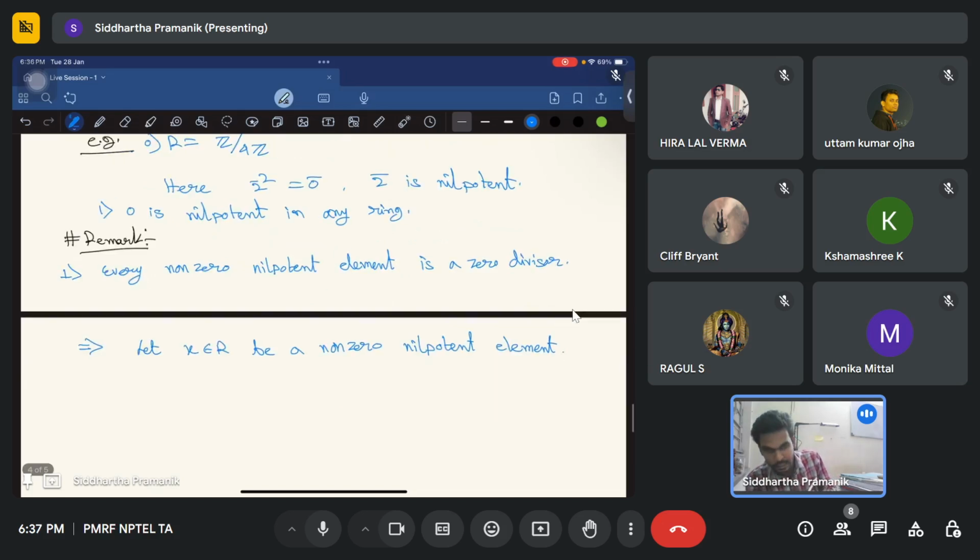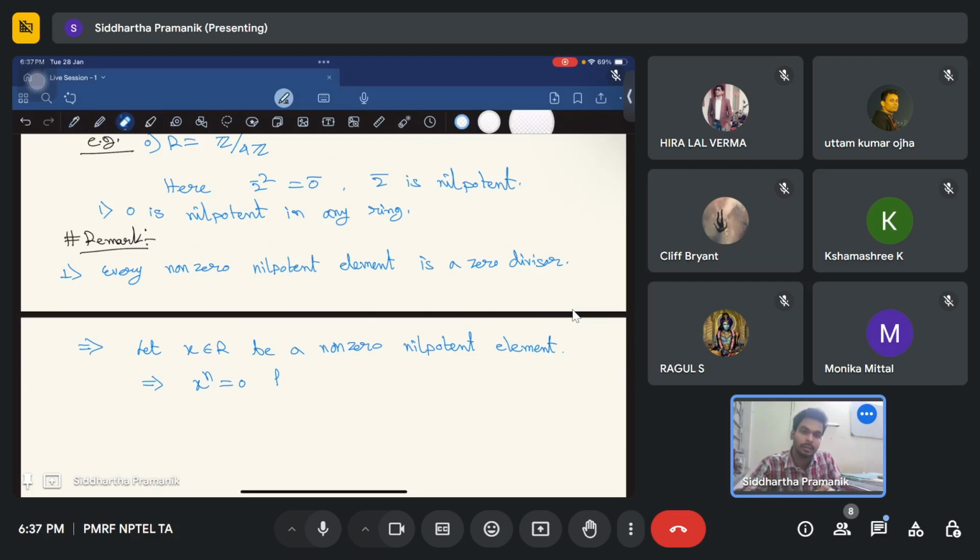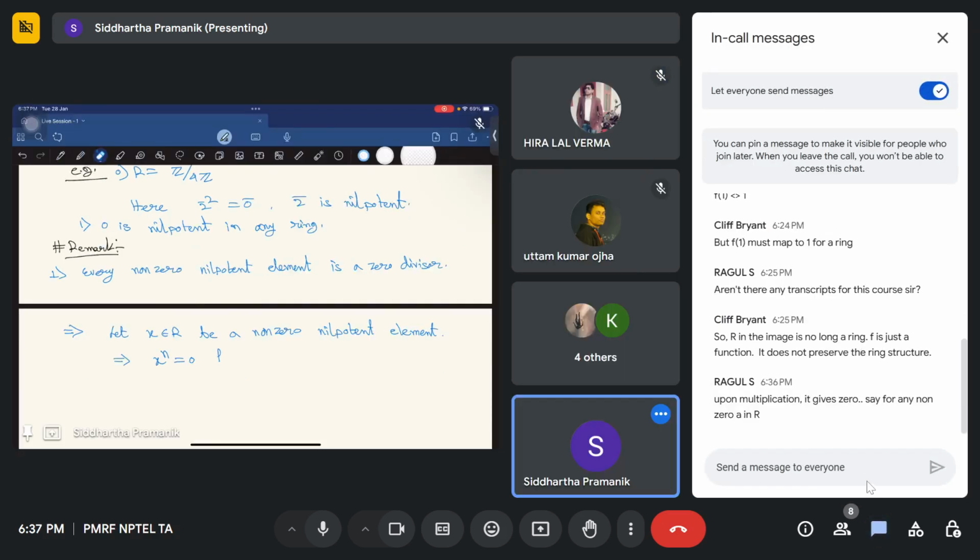So by definition of nilpotent element, we can write x power n is 0.